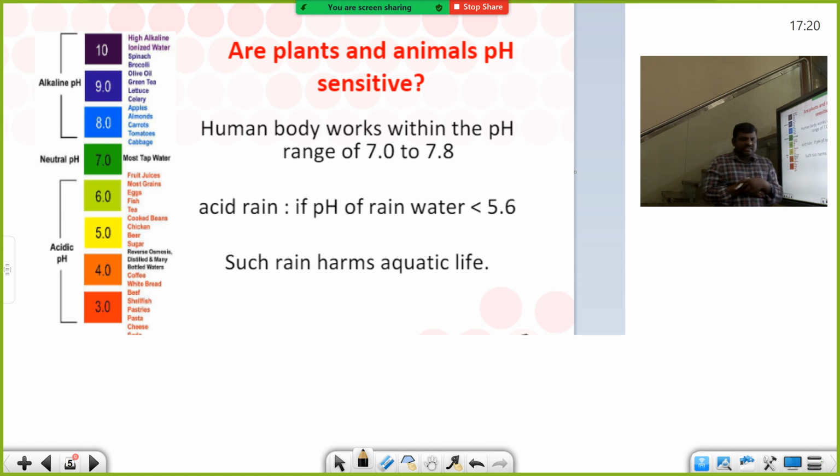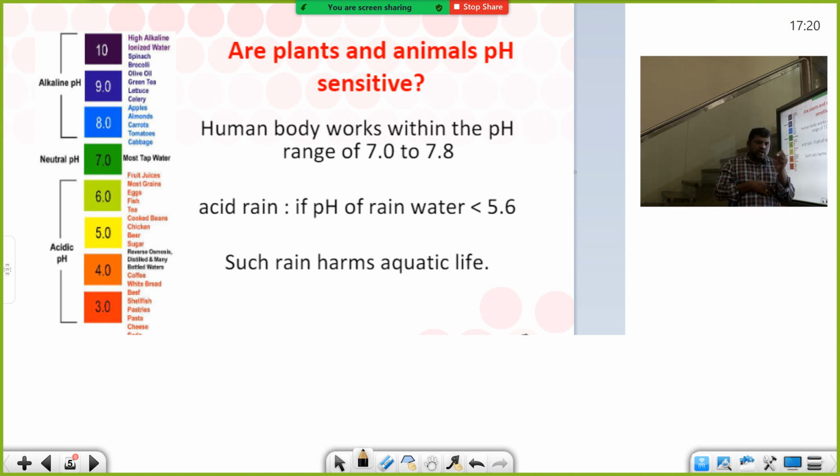Acid rains are harmful to the environment and aquatic life because of their pH value. Acid rain's pH value is less than 5.6.